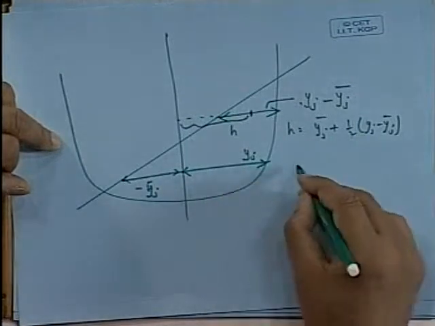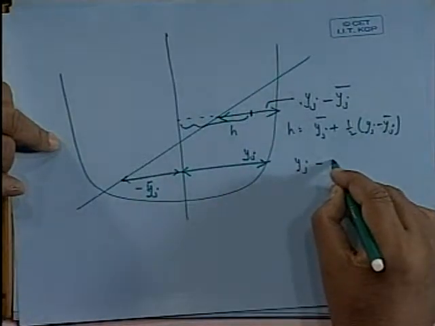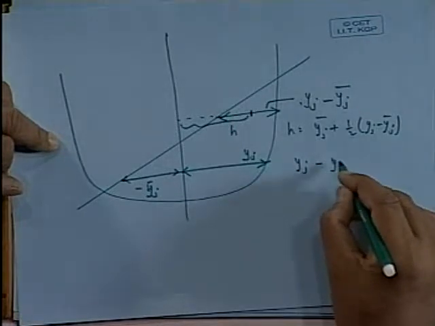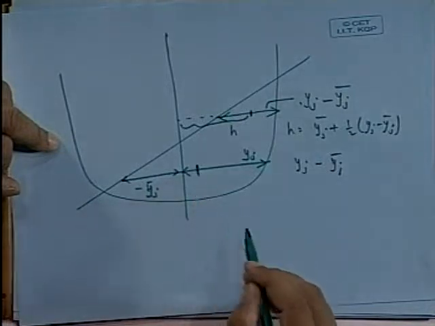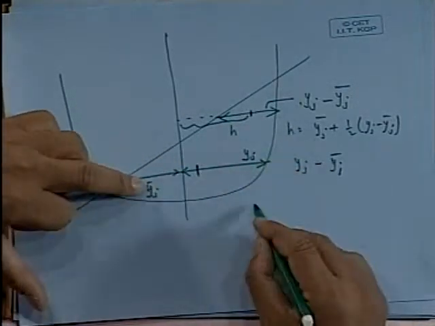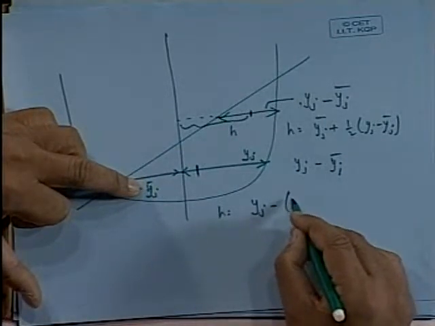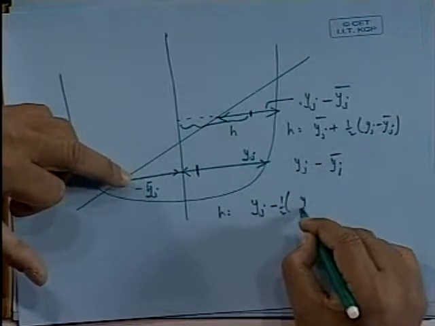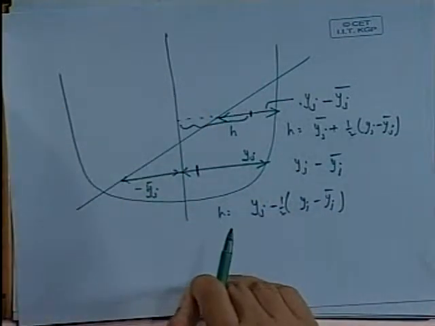The ordinate becomes yj minus yj bar, and the centroid is half of that here. Okay, so we can do it from the other way around. We can say h equals yj minus half of yj minus yj bar. Like that we can do all of them.